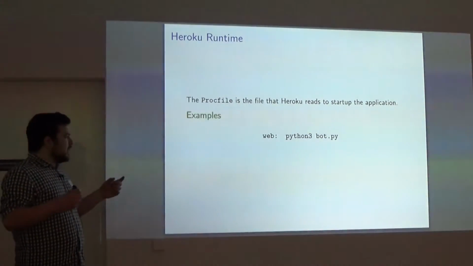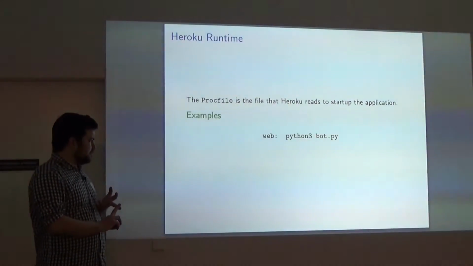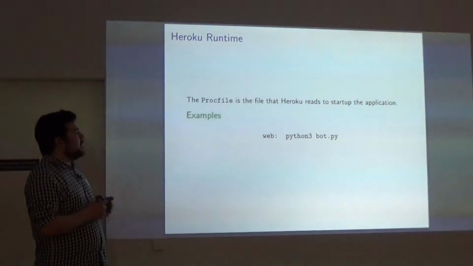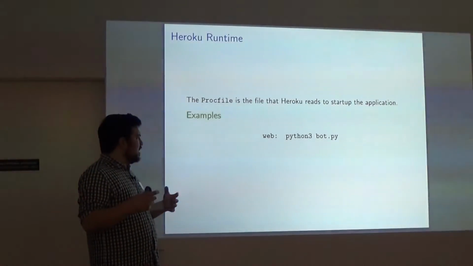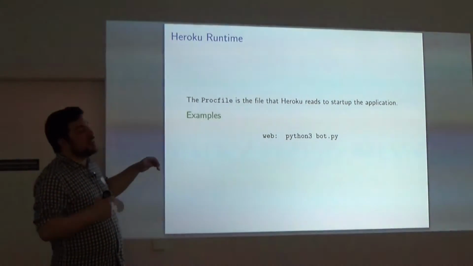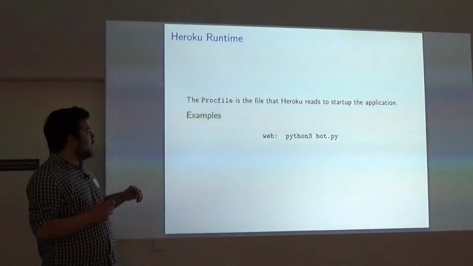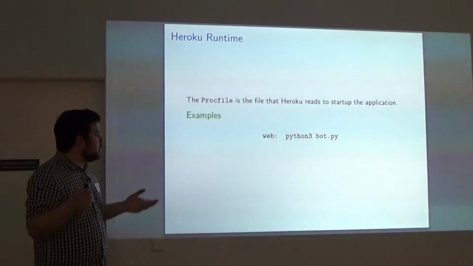And there's another kind of dyno in Heroku, which is a worker, literally worker, and it's meant to run one-off scripts maybe or stuff like this. And I think if you try to run the local mode in web, it will crash because it will not have bound to any port.